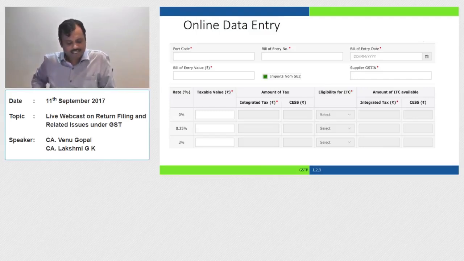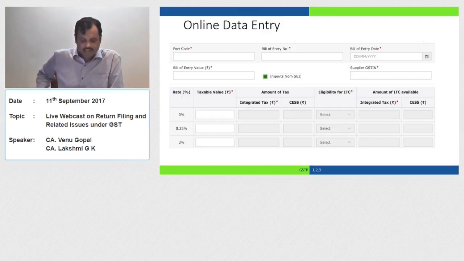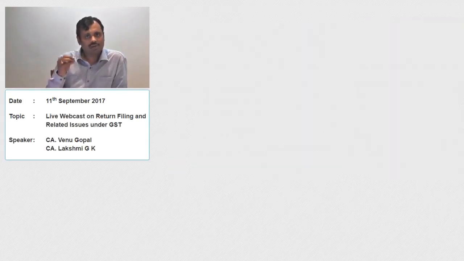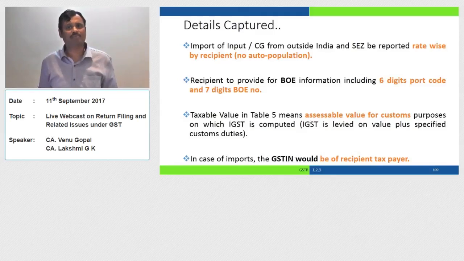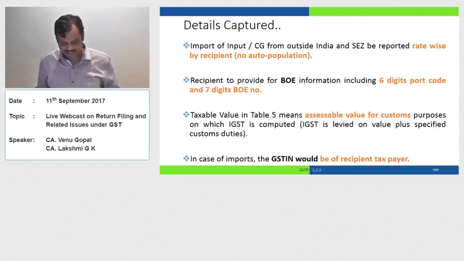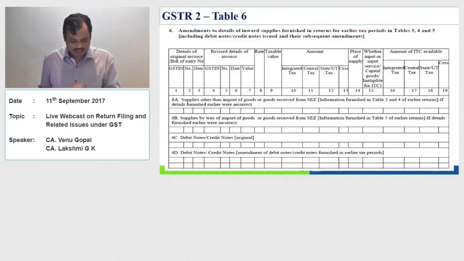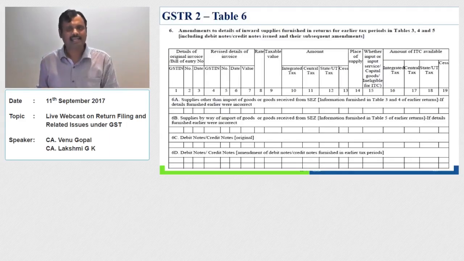If you see the reporting here, you have this specific question of what is your bill of entry value and what is your taxable value. So you will be reporting your taxable value, that is the assessable value, as 1.5 lakhs. Accordingly, you will select the tax rate and taxes get calculated accordingly. Does this include BCD also? Yes, this includes your customs duty also, but however, the credit you get is only the integrated tax, IGST, which is being paid.